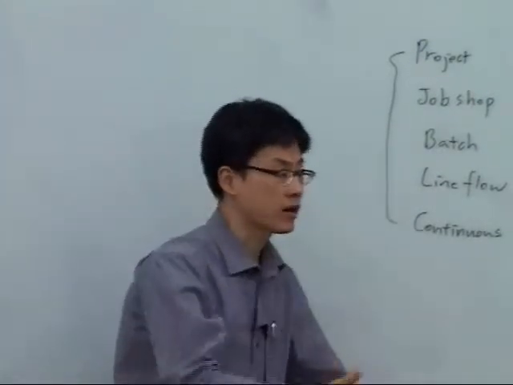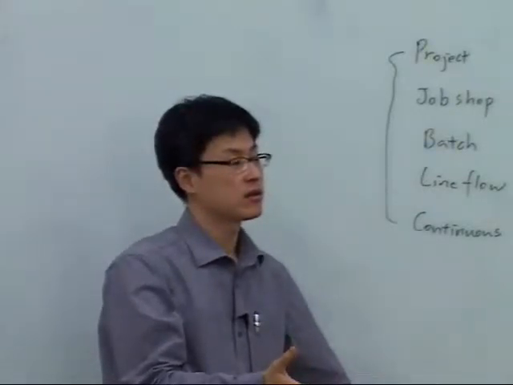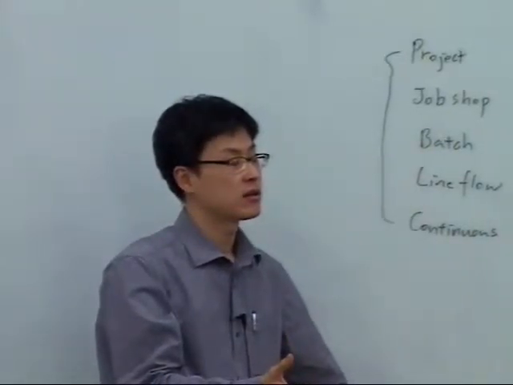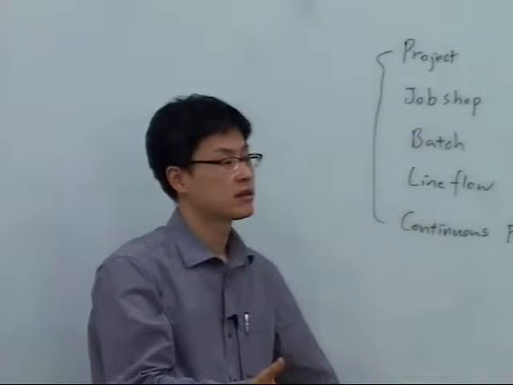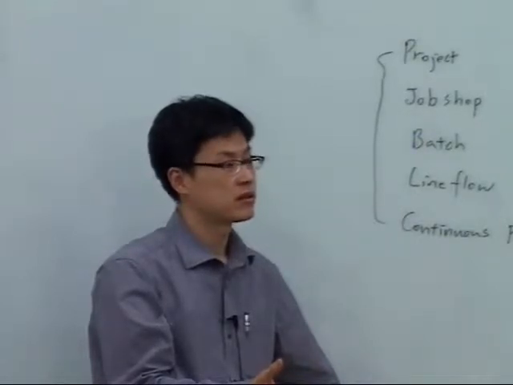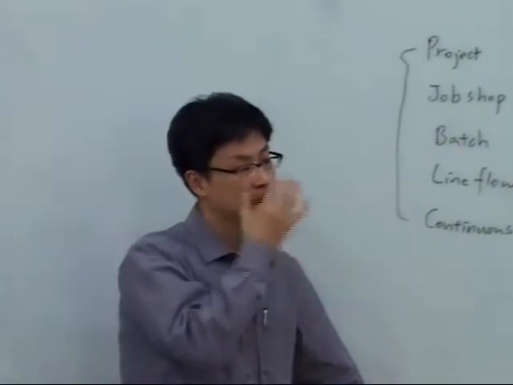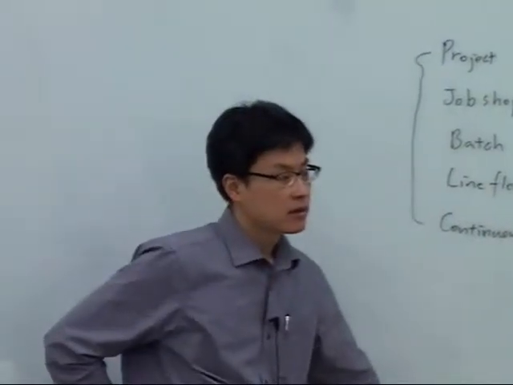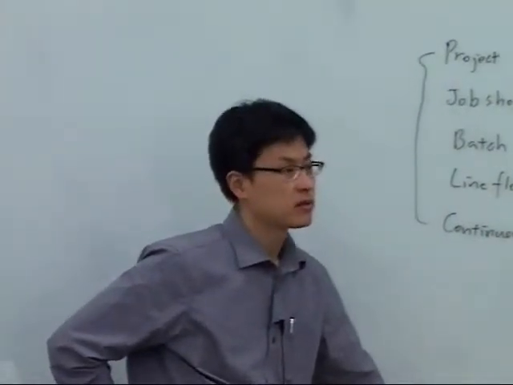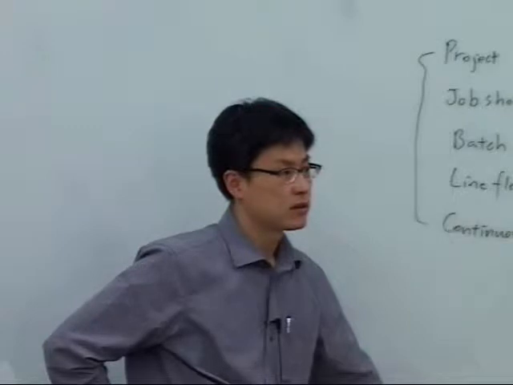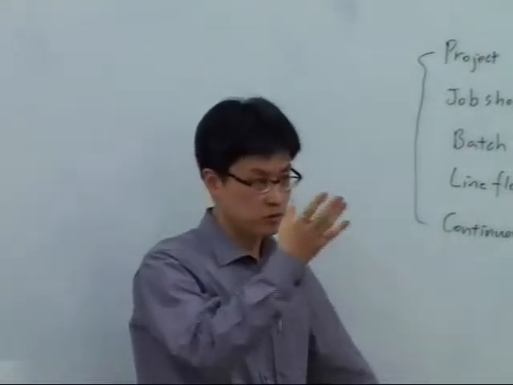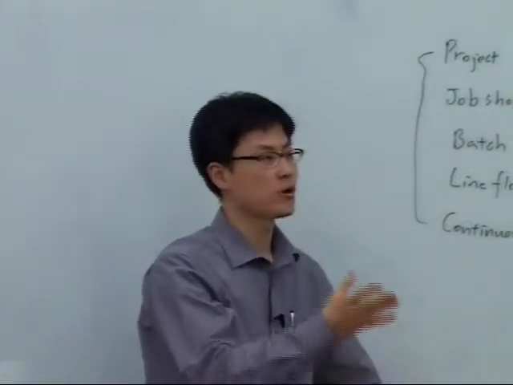I'm asking why. This is because the product they are producing is not the same in all these places. When we produce in a lot, we will go for a batch process. When we produce a unit at a time, we will go for project. Yep, that's correct. 100% true.